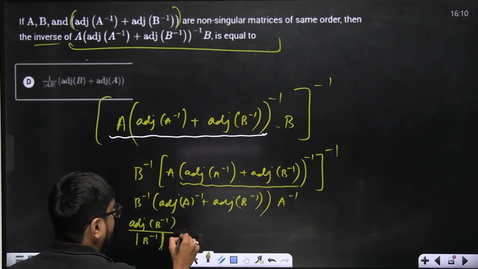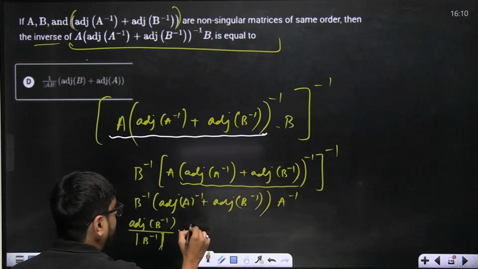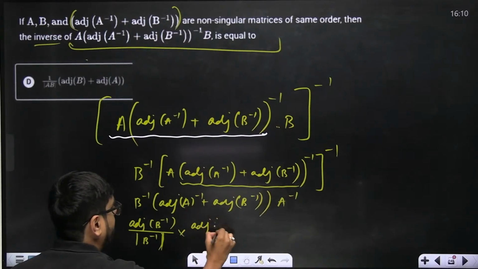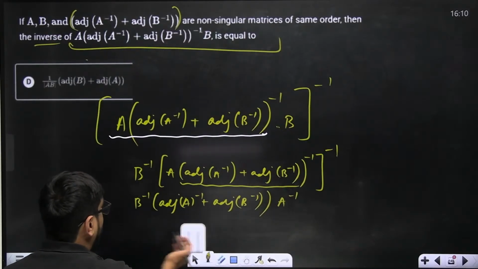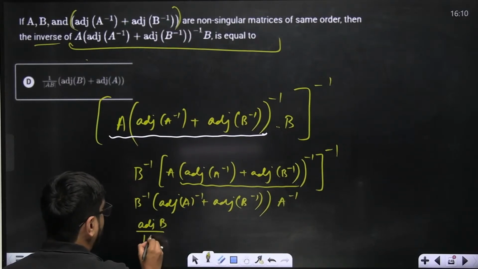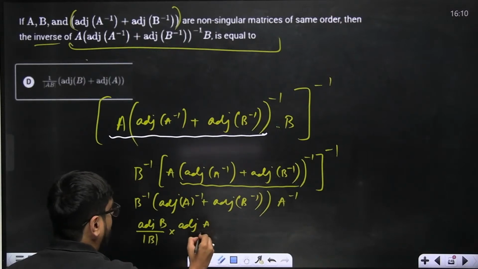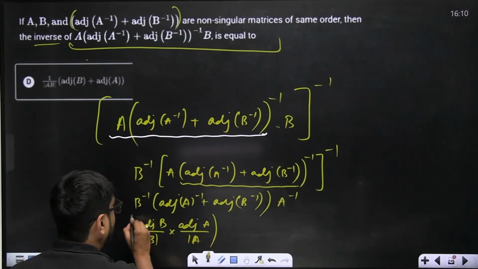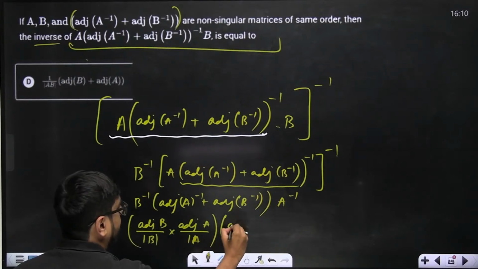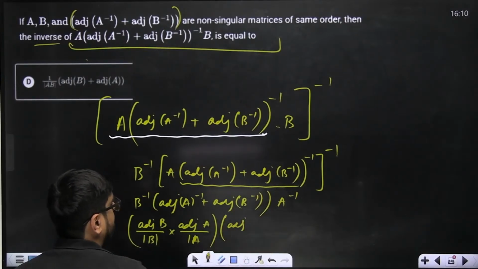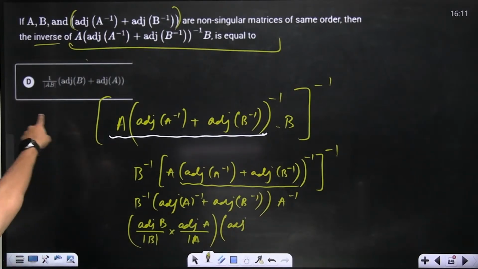Correct? And adjoint of A inverse can be written as adjoint of adjoint of A. Adjoint of B divided by determinant of B multiplied with adjoint of A divided by determinant of A, and this thing multiplied with adjoint of A inverse plus adjoint of B inverse. So this again will come.